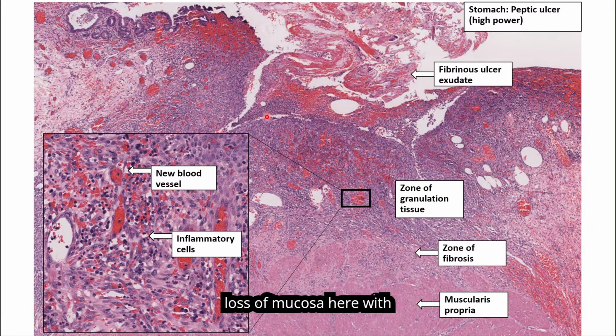So there is loss of mucosa here with fibrinous exudate material in the base of the ulcer, with beneath this ulcer inflammatory infiltrate and zone of granulation tissue. Fourth zone is zone of fibrosis. So this is the histology of peptic ulcer.